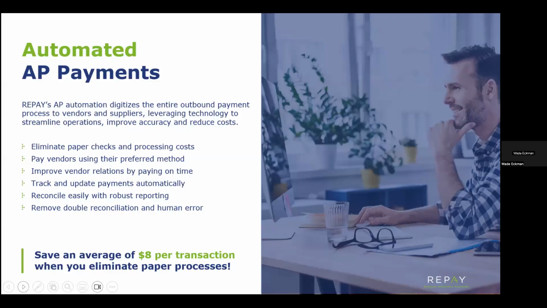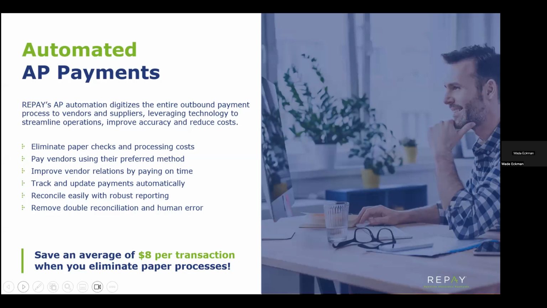So if you look at what it really means for automated payments, AP payments, and how Repay thinks of the world of payments, for the clients that leverage our AP integrated solutions within Acumatica, for this instance, they no longer even have to worry about cutting paper checks or even determining what the payment method is for a vendor.